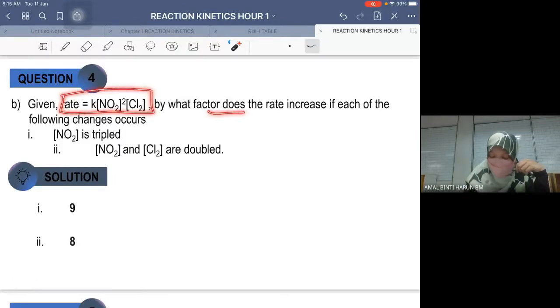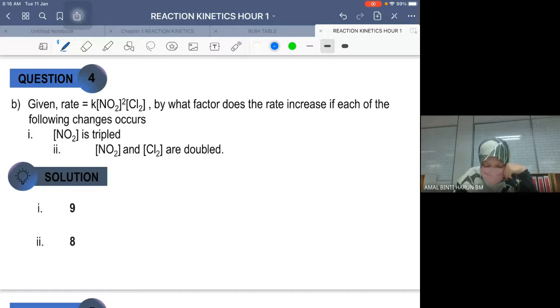What factor does the rate increase if each of the following changes occurs? If NO2 triples, what happens? Now we want to prove how we get 9 and 8. So we try to prove it.